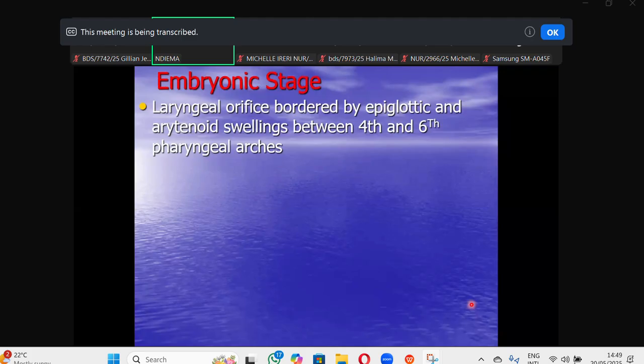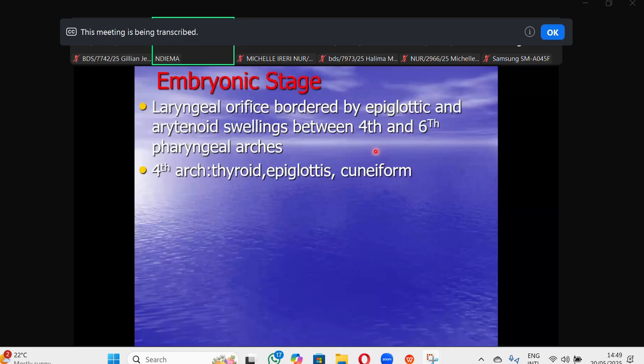So at the embryonic stage, at the laryngeal orifice bordered by epiglottic and arytenoid swellings between the fourth and the sixth pharyngeal arches. We are going to look at pharyngeal arches later, but between the fourth and the sixth pharyngeal arches, on the ventral part, we have development and evagination of the endoderm.